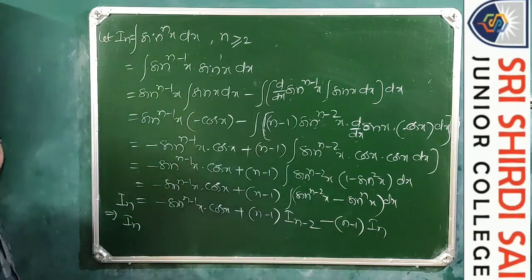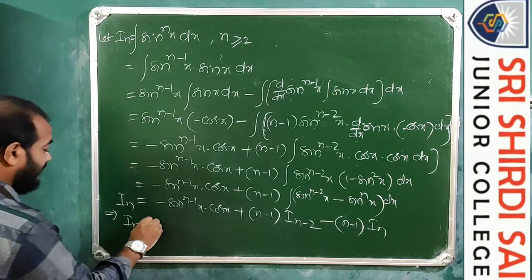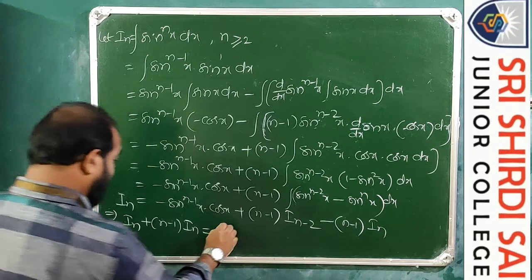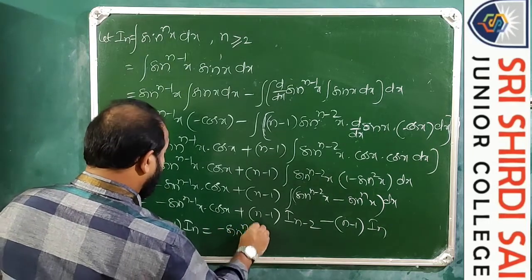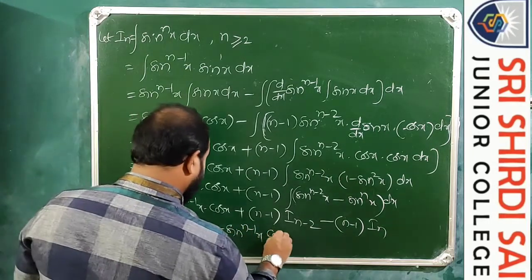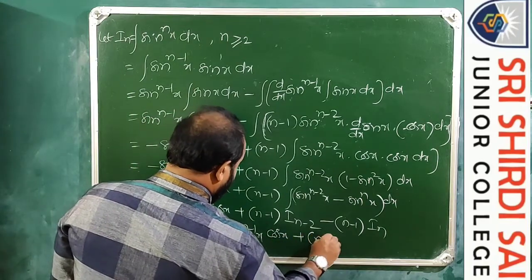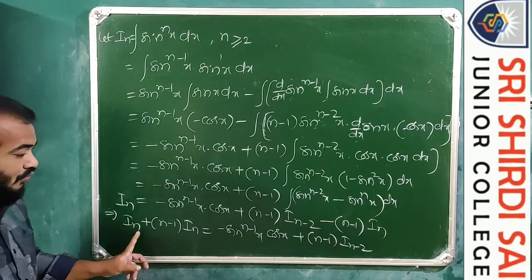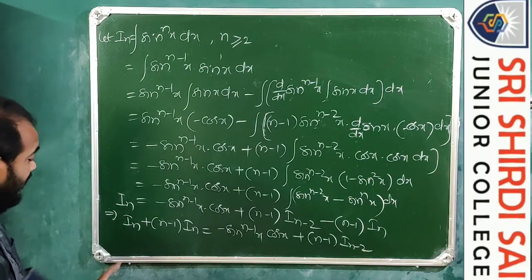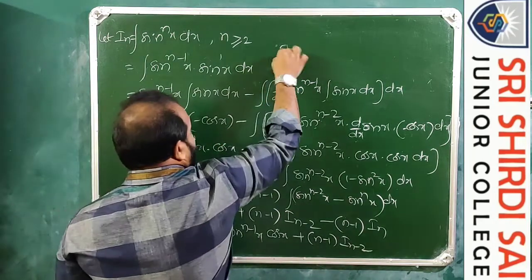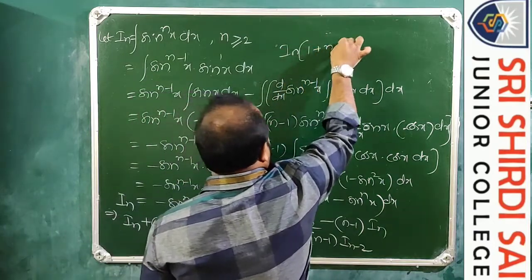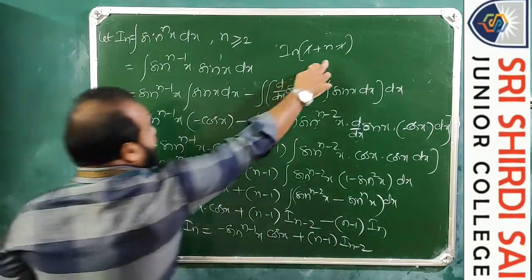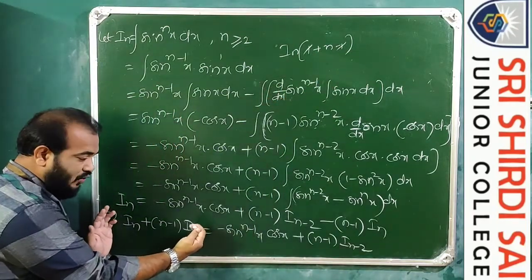If you transpose onto the other side, I_n plus (n-1) I_n is equal to minus sin^(n-1)x cos x plus (n-1) I_(n-2). If you take I_n as common, then 1 plus (n-1), so 1 gets cancelled. So this is n into I_n.